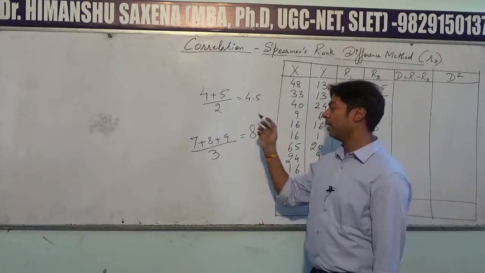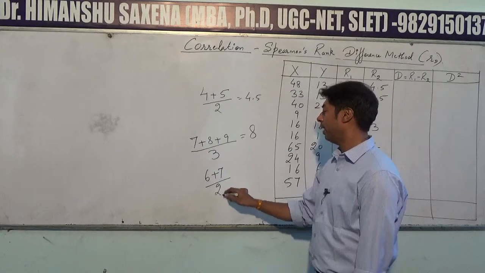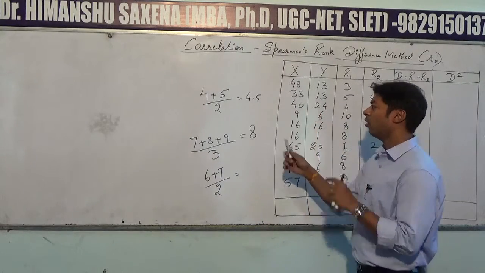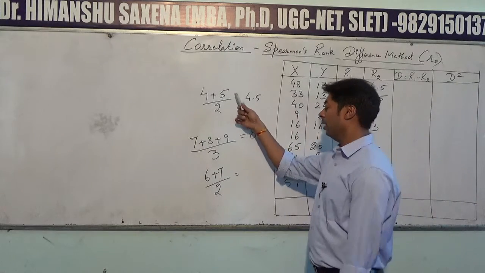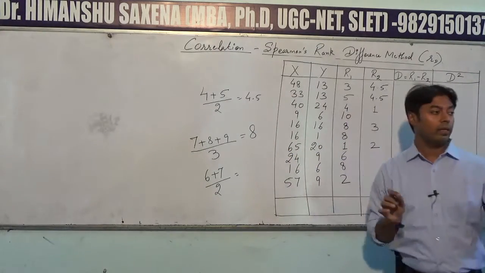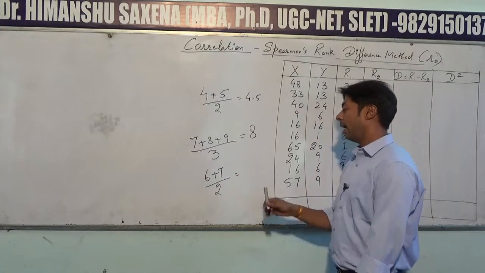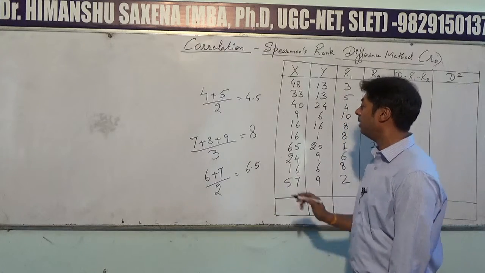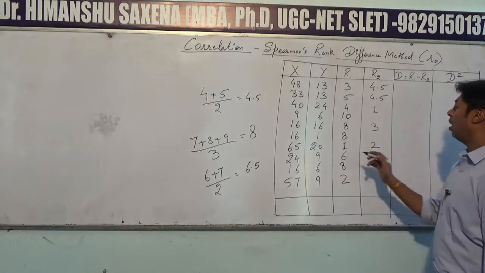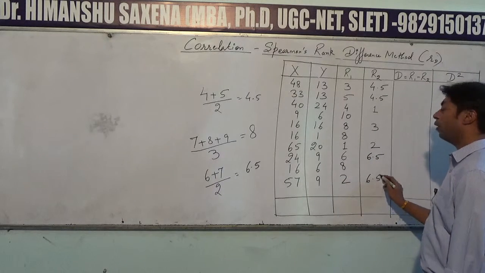So you will have to find the average. That will be 6 plus 7 divided by 2, because we have already used ranks up till 5. So the average will be calculated from the next two numbers, 6 and 7. Adding both and dividing by 2, we get the average as 6.5. So both these numbers will be assigned rank 6.5.